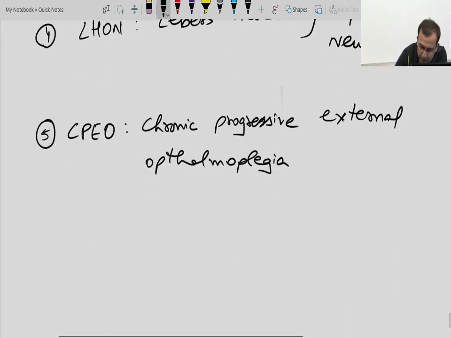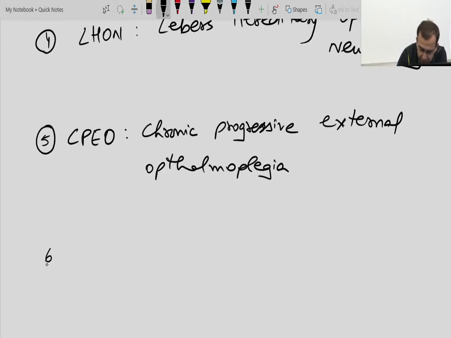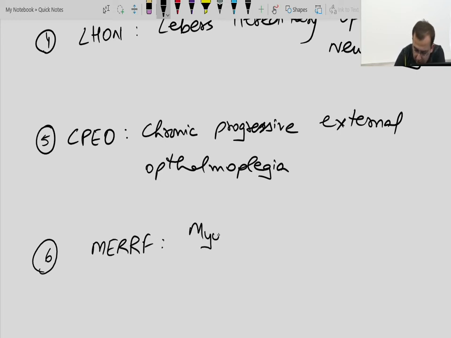Next is MRF, which is myoclonic epilepsy with ragged red fibers.